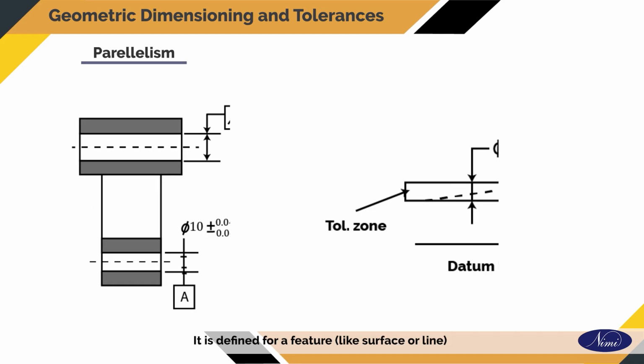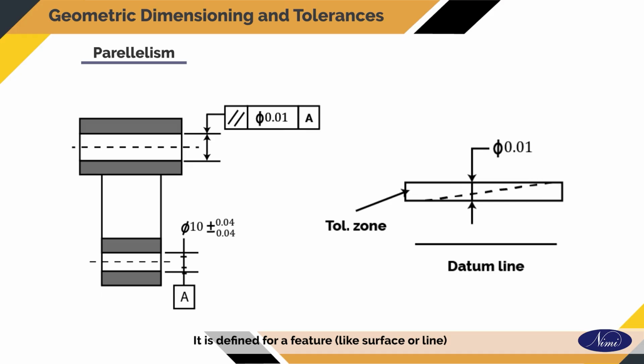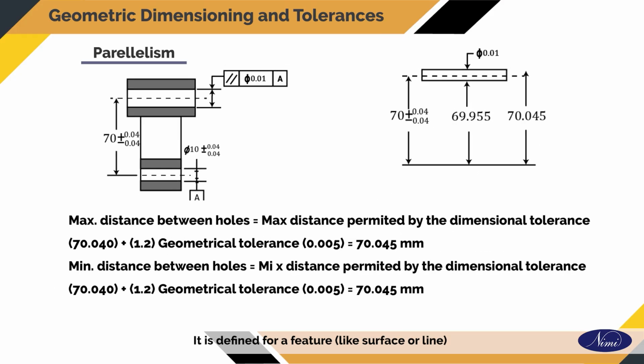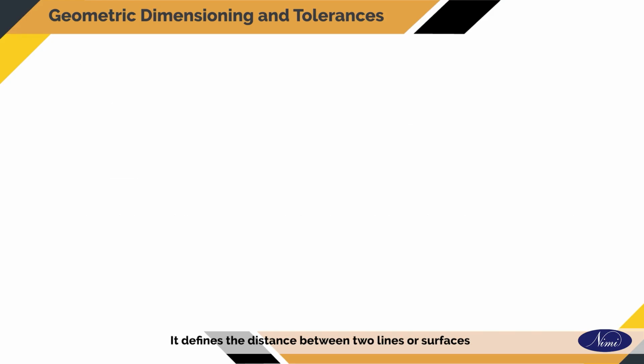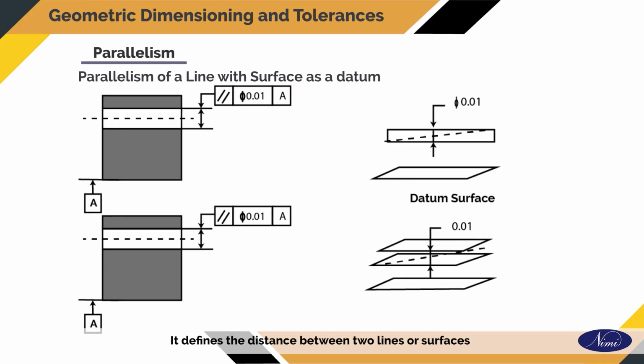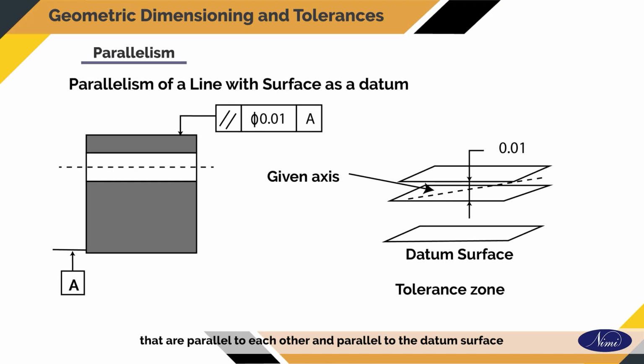Parallelism. It is defined for a feature like a surface or line with reference to another feature called reference. It defines the distance between two lines or surfaces that are parallel to each other and parallel to the datum surface and encompass the line or surface in question.